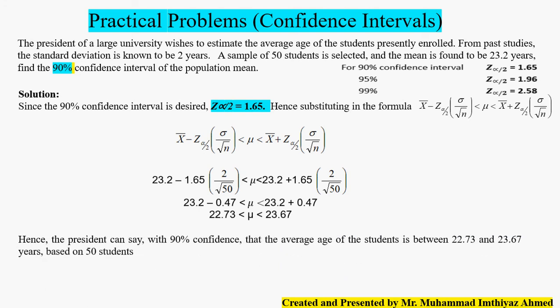Hence, the president can say with 90% confidence that the average age of students is between 22.73 and 23.67 years based on 50 students. So this is the answer for 90% confidence interval of the population mean. I hope this part is clear.